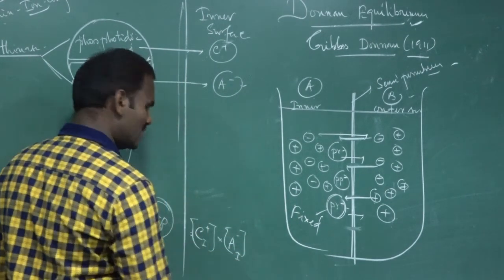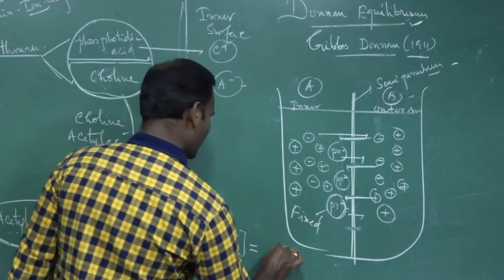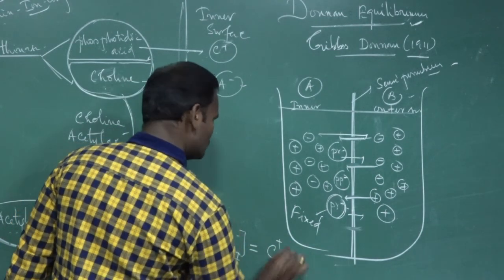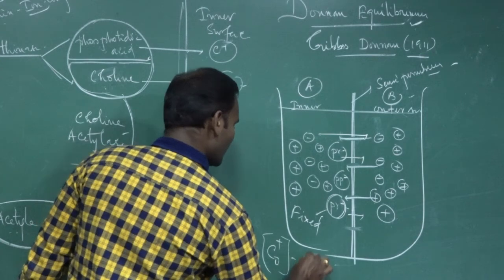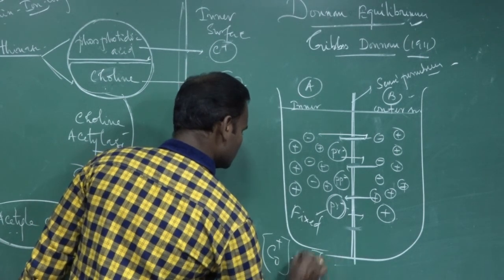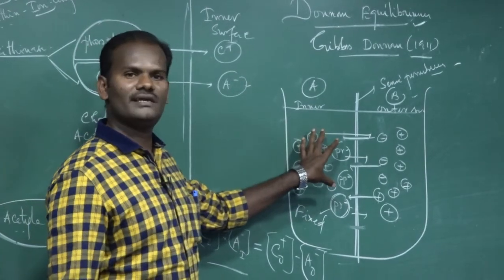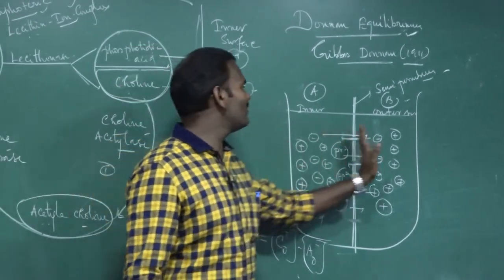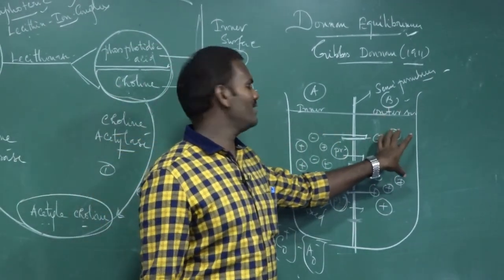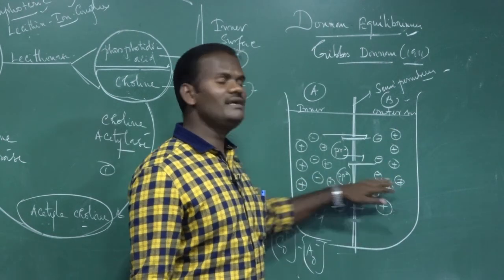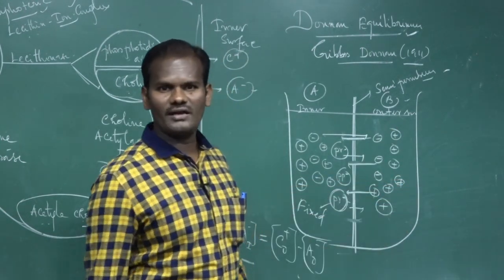I refers to inside. It is equal to the cations present outside and anions present outside. So the number of cations and anions present on the inner surface of the membrane is equal to the number of cations and anions present outside the membrane, to maintain the equilibrium called Donnan equilibrium.